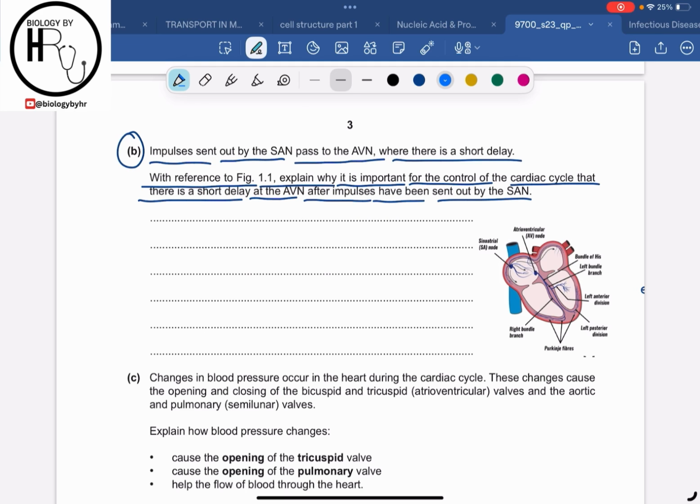It is to allow the atria to fully contract, so that the atria can fully empty its blood completely into the ventricles, right, before the ventricles begin to contract.